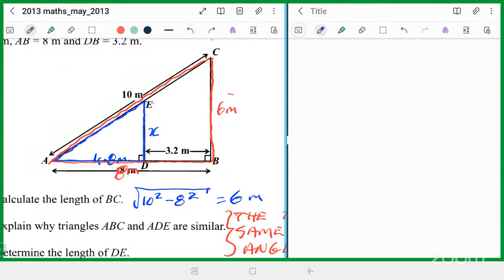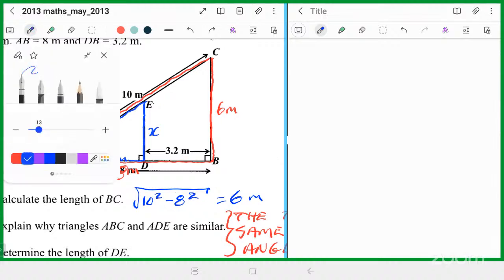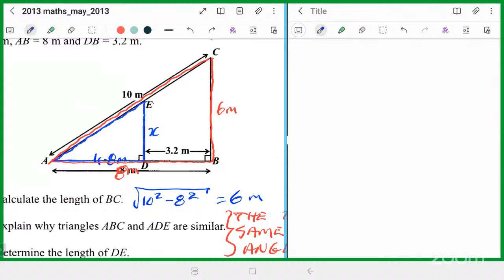This 6 over this 8, let's call it the vertical over the horizontal in the big triangle, is equal to the vertical over the horizontal in the small triangle. That's how it works. The ratio of corresponding sides are equal. Any way you want to position the ratio, if you want to do the small height over the small base, it will be equal to the large height over the large base.